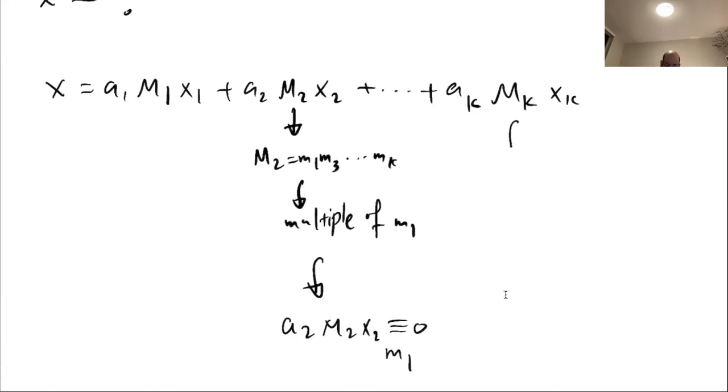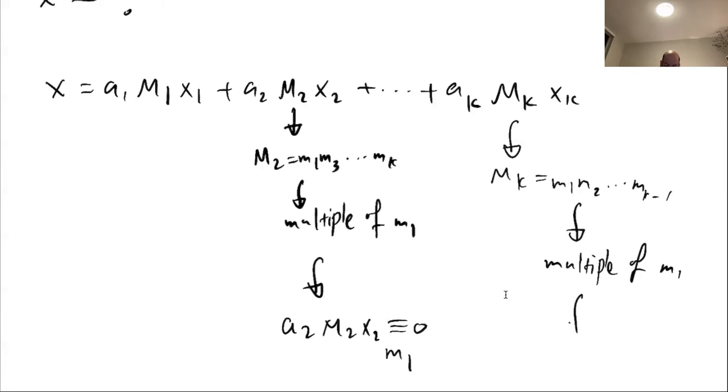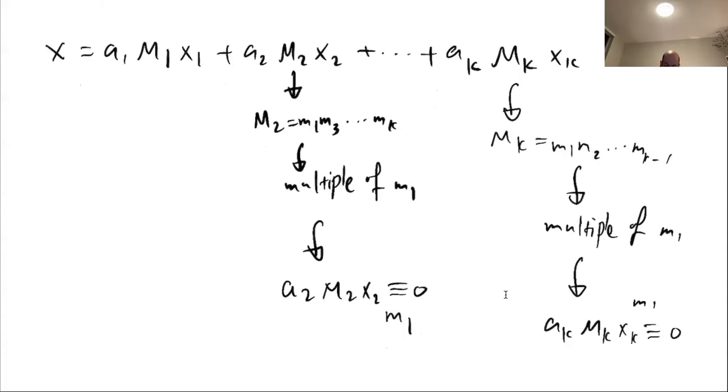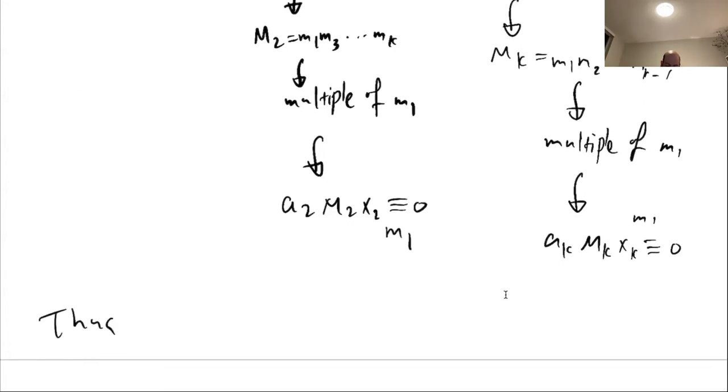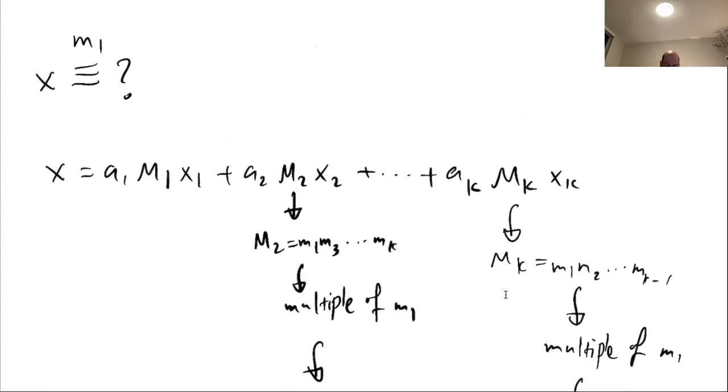Similar reasoning for this: capital MK is M1, M2, up to M(K minus 1). Again, it's a multiple of M1, and therefore this number is 0 mod M1. Thus, X is A1 M1 X1 plus a bunch of terms which are all 0 mod M1.